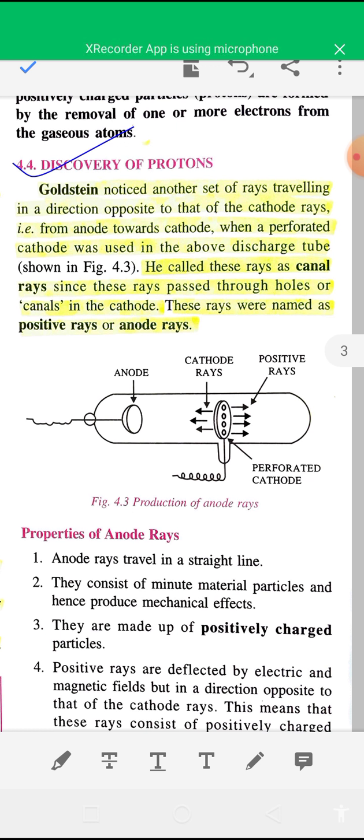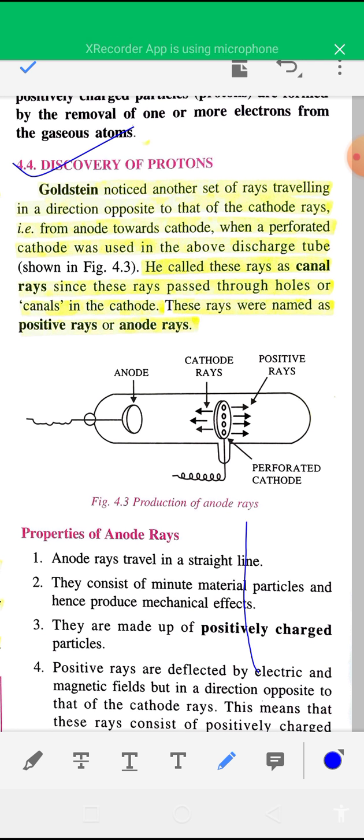Goldstein called these anode rays canal rays, since these rays pass through the holes or canals in the cathode. These are also called positive rays or anode rays.